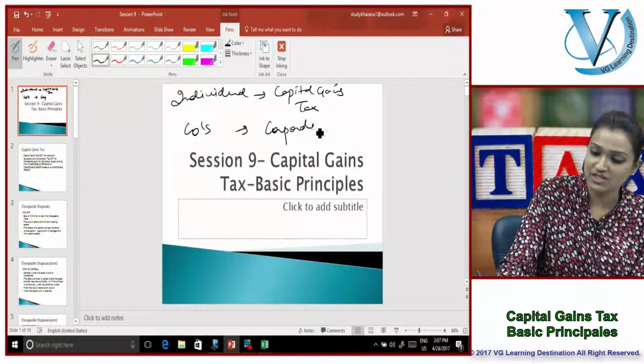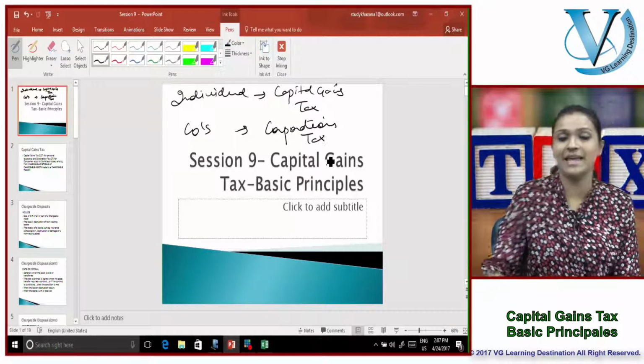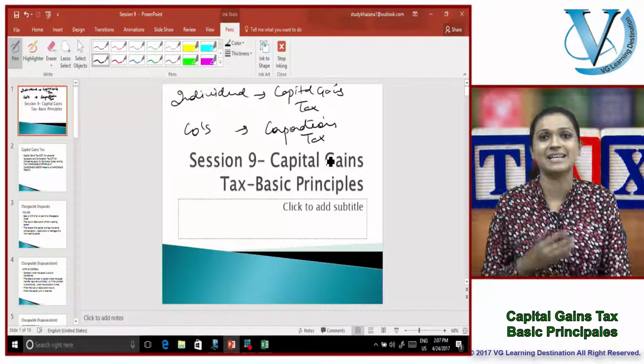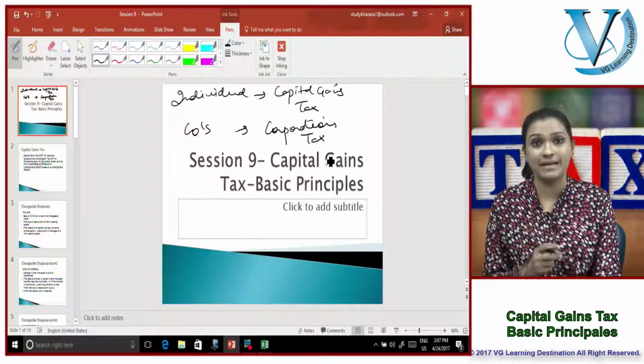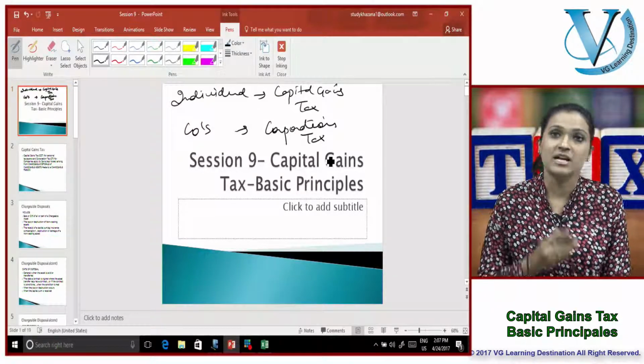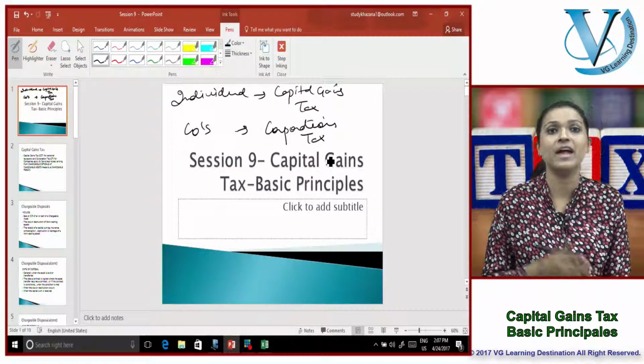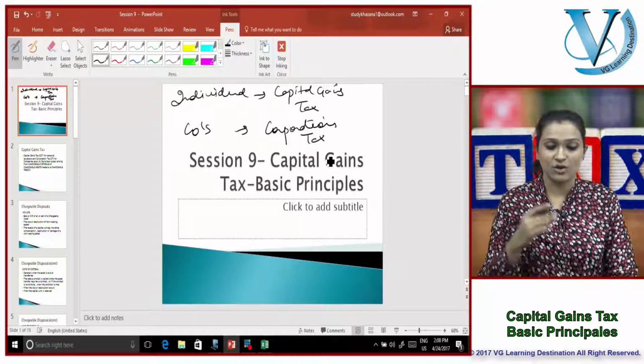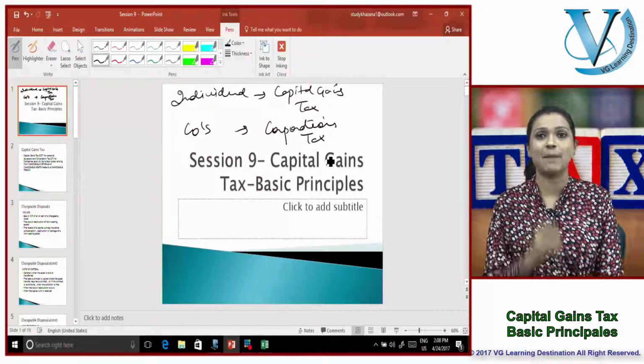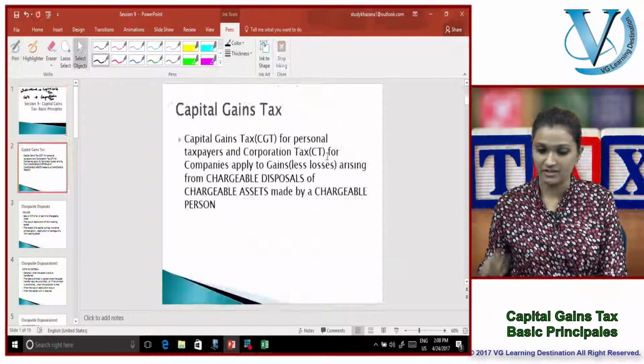They are very much the same thing. Just the names of these two different taxes are as per the applicability of these two taxes. So individuals would pay capital gains tax, companies would pay corporation tax. So let's start off with what capital gains tax is first.